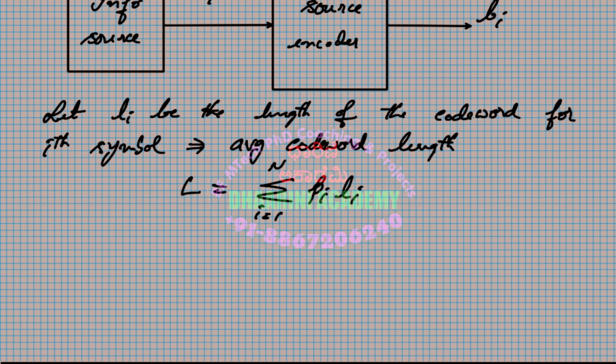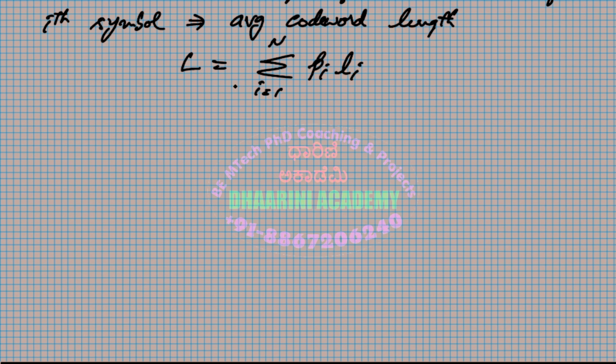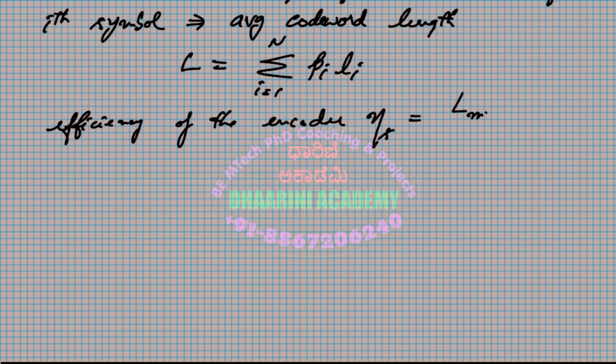Using this we can calculate the efficiency of this encoder, which is an encoding technique. The efficiency, eta, is equal to the minimum length L minimum divided by the average length L, into 100. The answer comes in percentage.